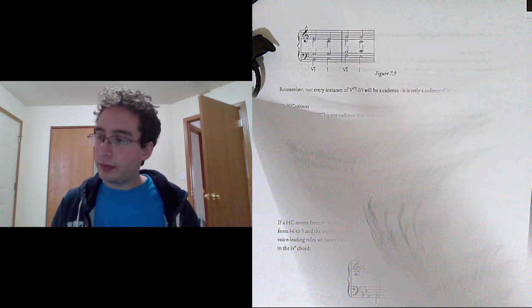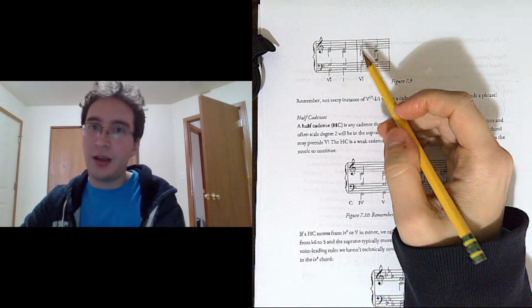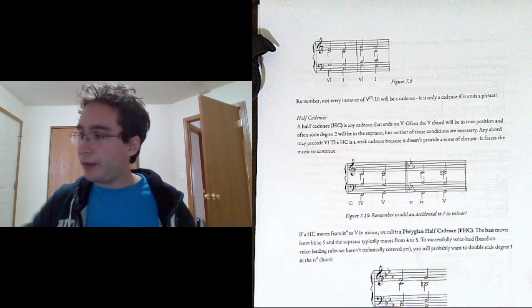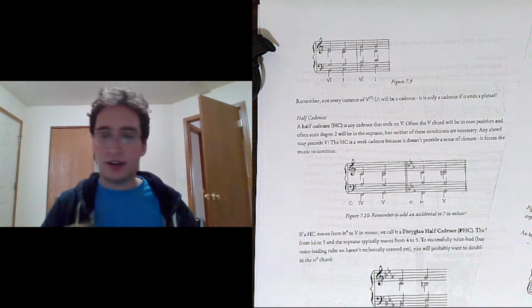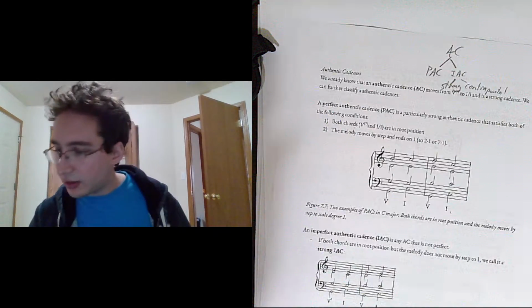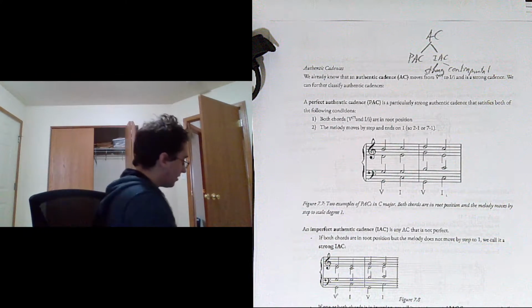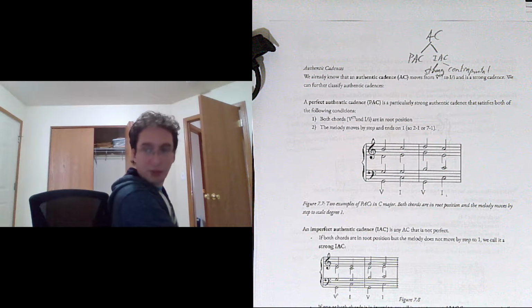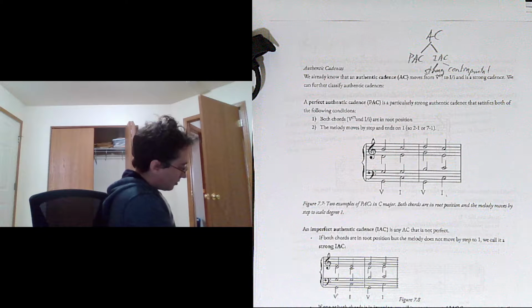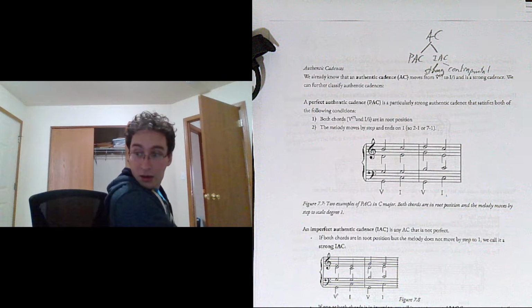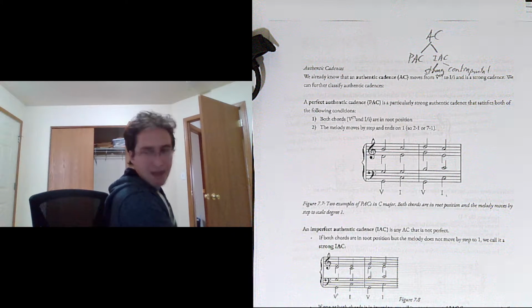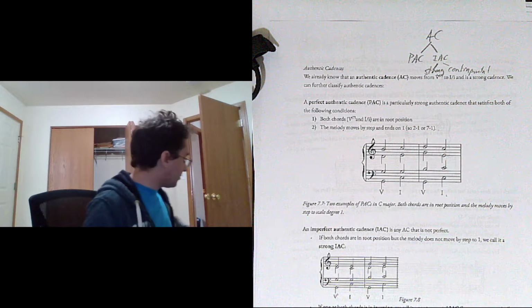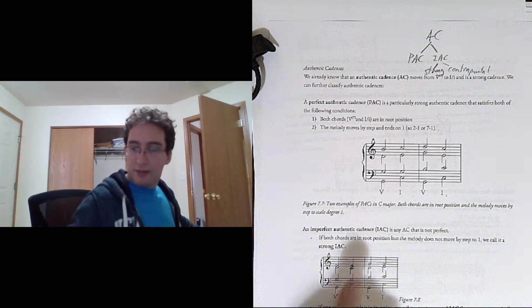So, wrong way. There we go. So here we have some contrapuntal. So let me play you these different kinds of cadences so you can hear the difference. So here we have, yeah, that sounds pretty fine. And then going the other way. Yeah, I dig that. So then our imperfect authentic cadence, the melody is going to be different.